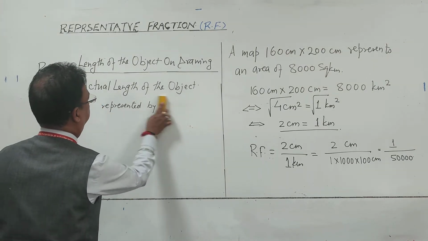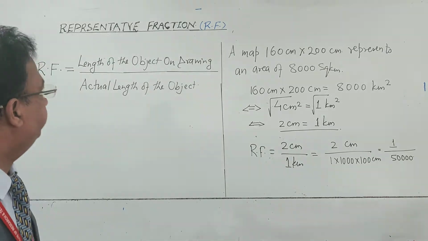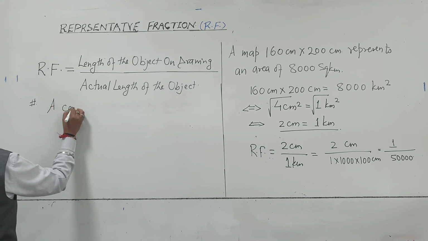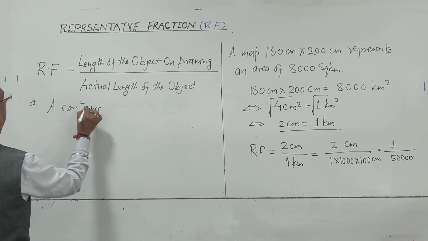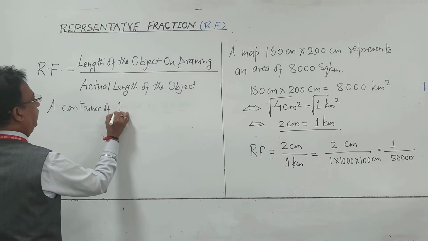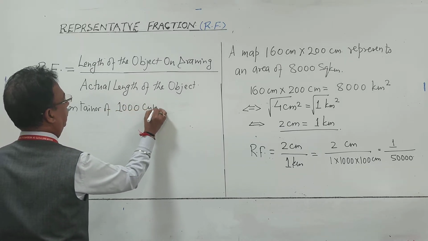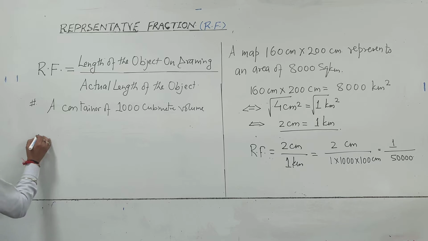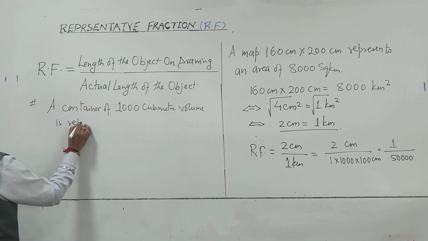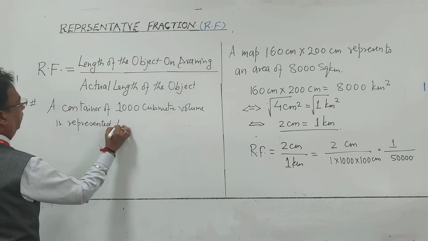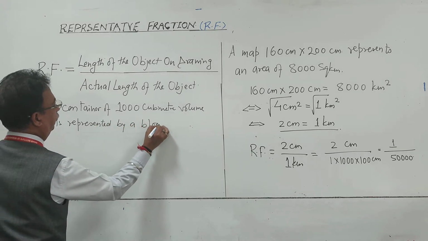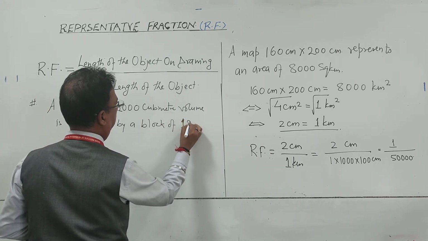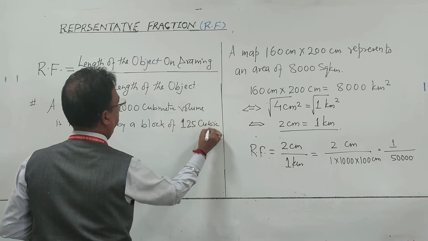Another example I am taking, example number 3. Suppose the proportion is given like this: a container of 1000 cubic meter volume is represented by a block of 125 cubic centimeter.